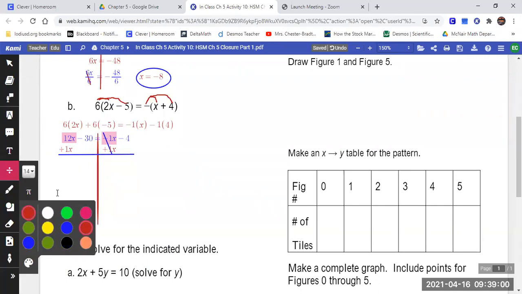And cleaning up the left-hand side, what's it going to say now? Cleaning up the left side, what are we going to do now? Yep.